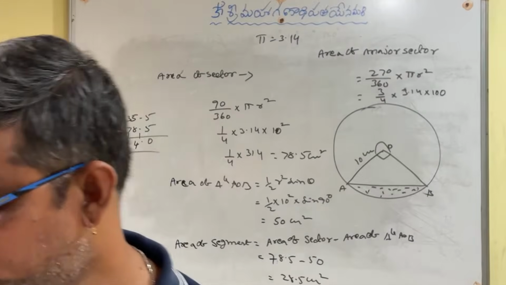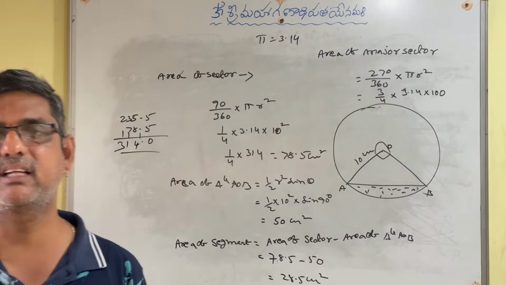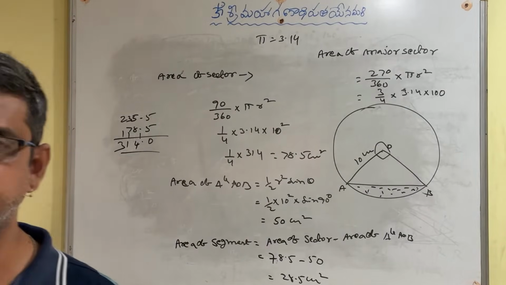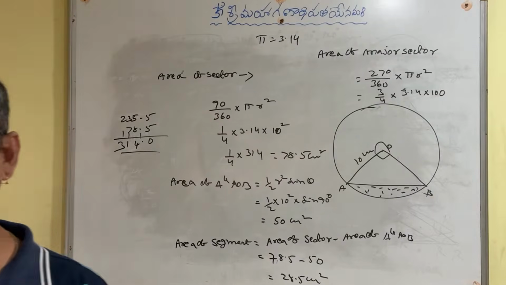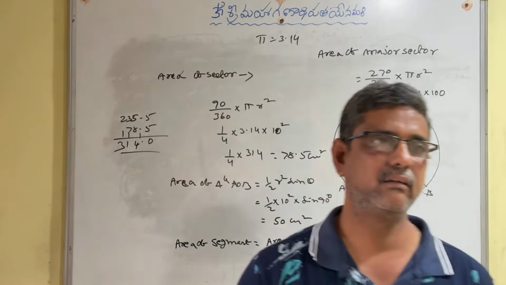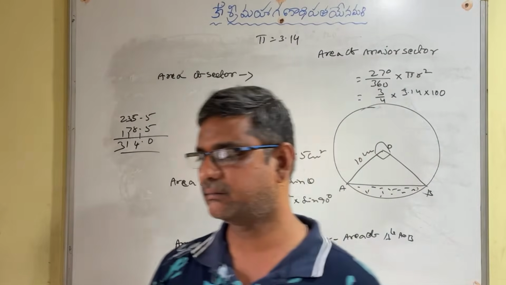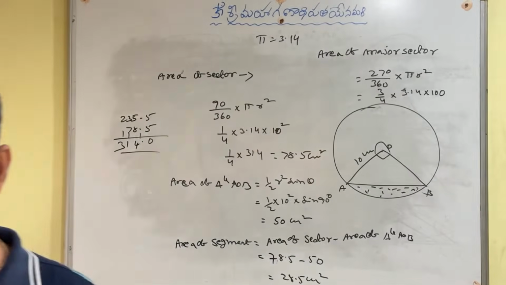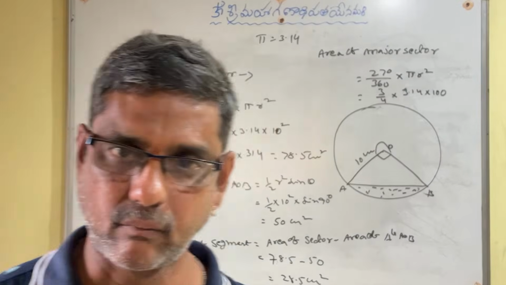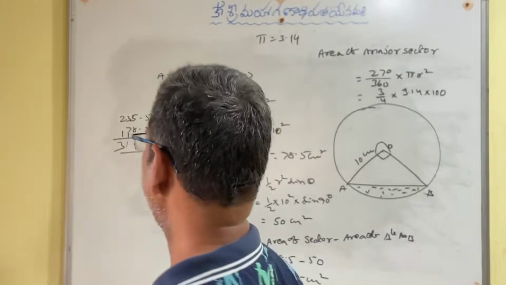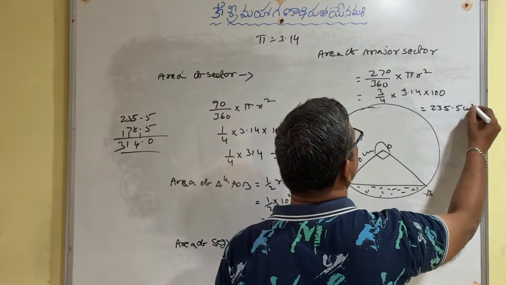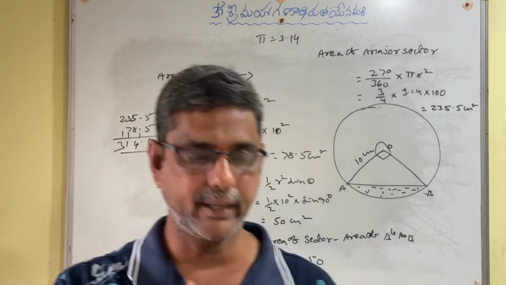The area of the minor sector plus the area of the major sector is equal to the area of the circle. And the area of the circle is 314, because the radius is 10, so 3.14 into 10 square, 100 into 3.14, 314. So the area of the major sector is 235.5 centimeter square.